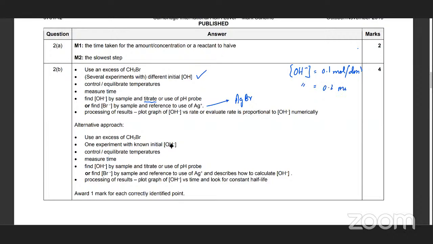So if it's order 1, then the rate would double as well. तो आप वो टाइम देखोगे, और टाइम रेट क्या होता है? रेट इज proportional to 1 over time. So is it taking less time or is it taking more time? So you're just going to measure the time और वो निकालोगे.